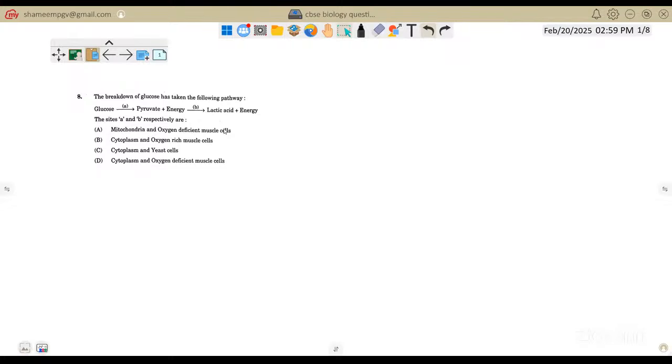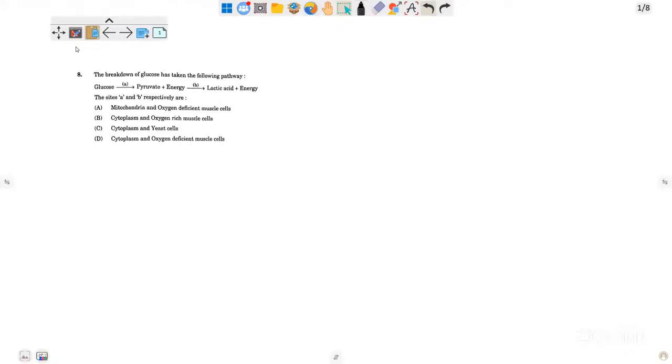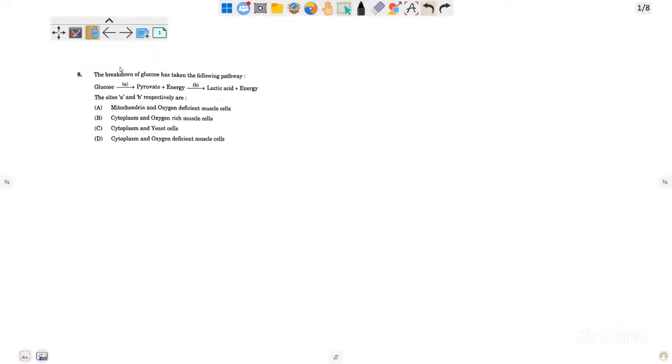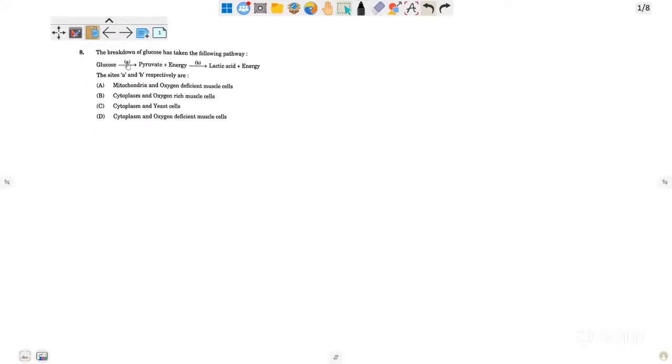Then that pyruvate is converted into lactic acid plus energy. What's the answer for this question? It's very easy. Glucose is converted into pyruvate. Where does this reaction take place? This reaction takes place in the cytoplasm.